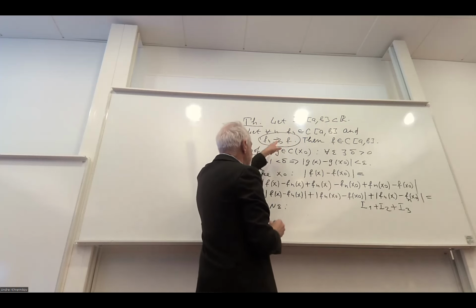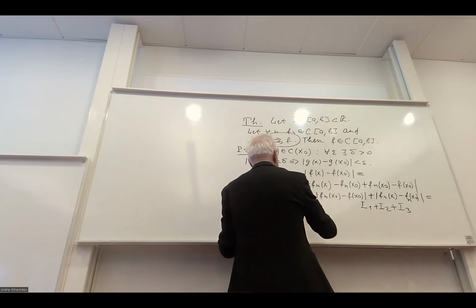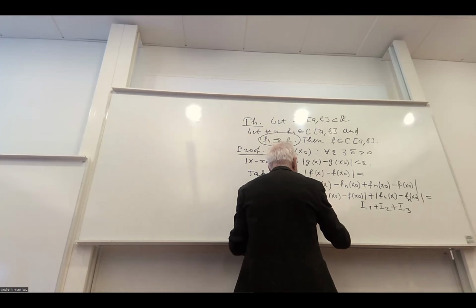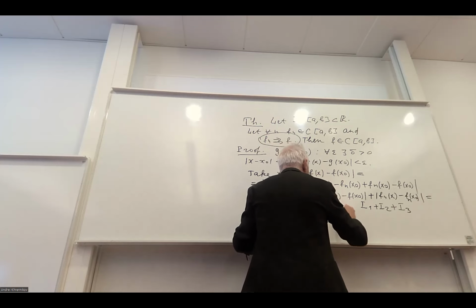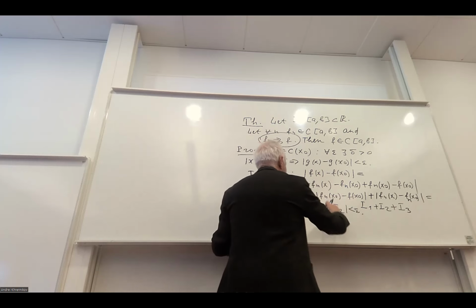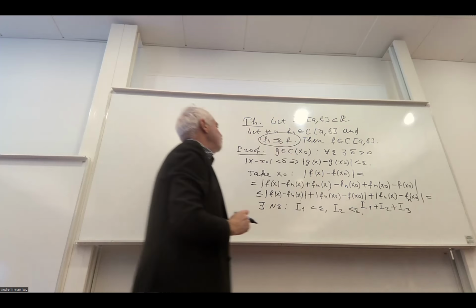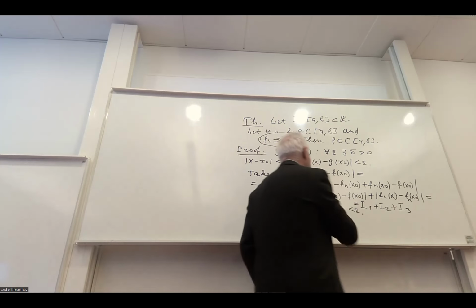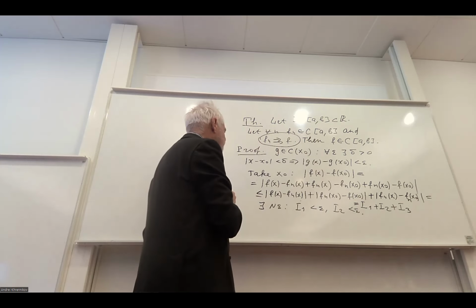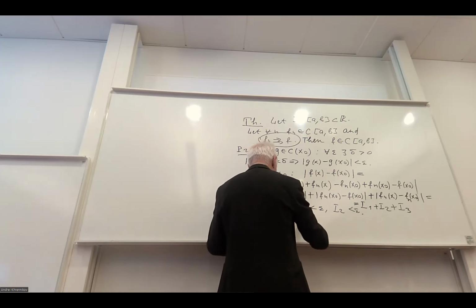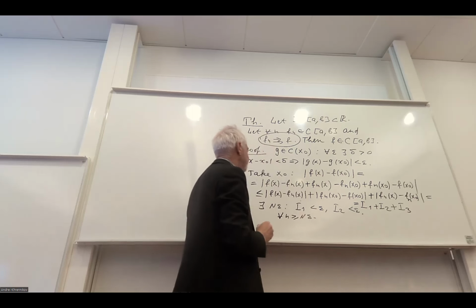So because of uniform convergence, there exists such n_epsilon that e1 is less than epsilon, and e2 is less than epsilon, for any n larger or equal to n_epsilon.